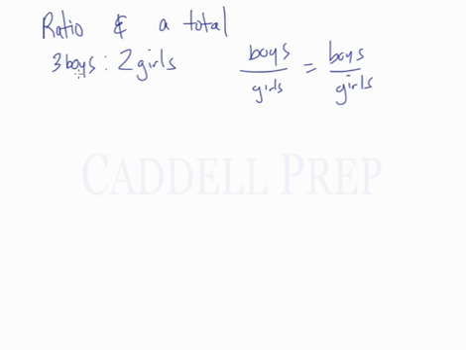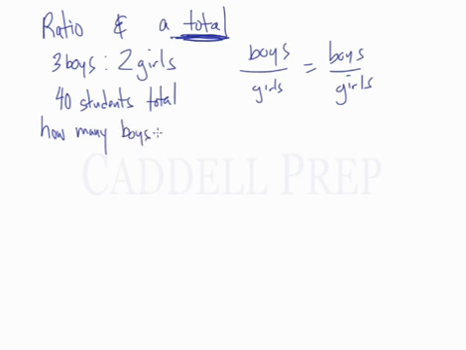But if they don't give us one of these values, if they give us the total number of students, for example, we have to solve this a different way. So if they said the ratio is 3 boys to 2 girls, and there are 40 students total, and the question might be, how many boys are there?